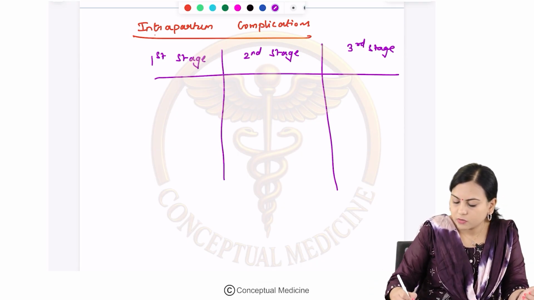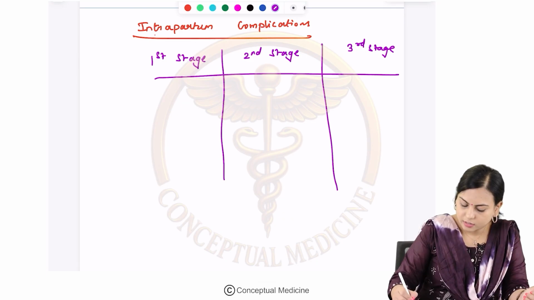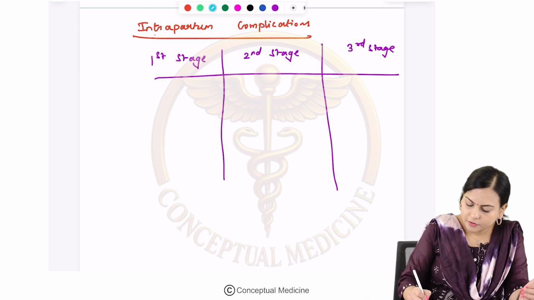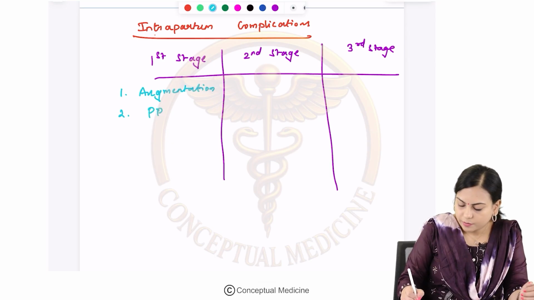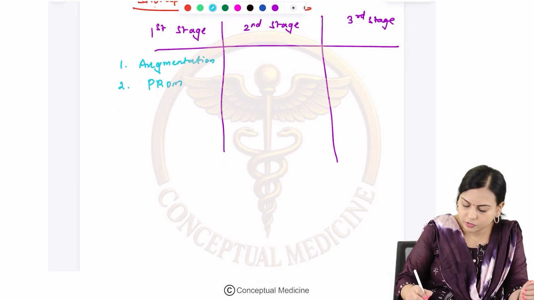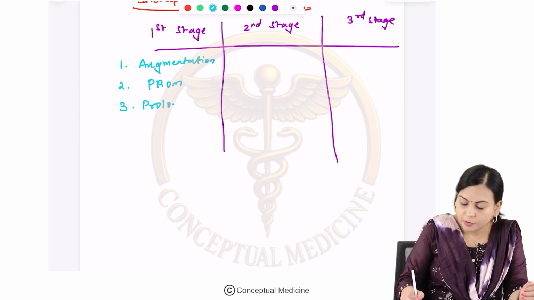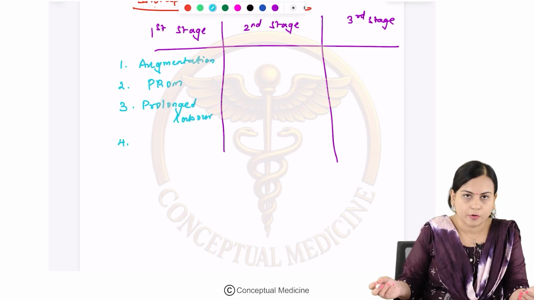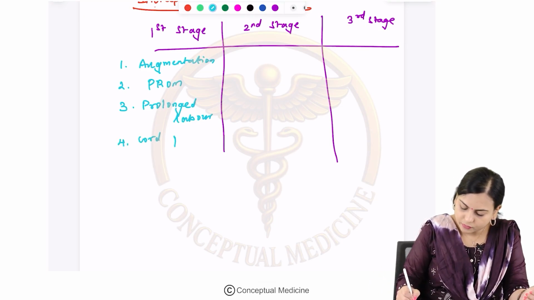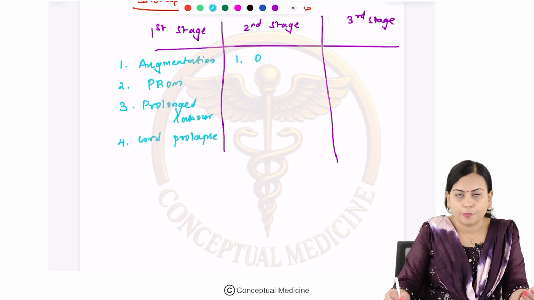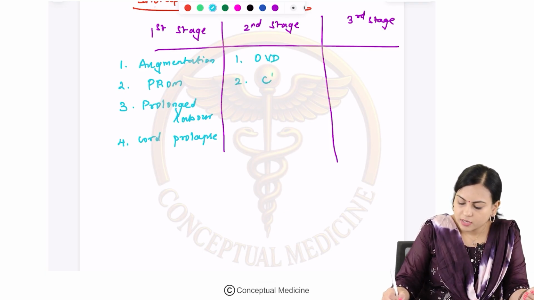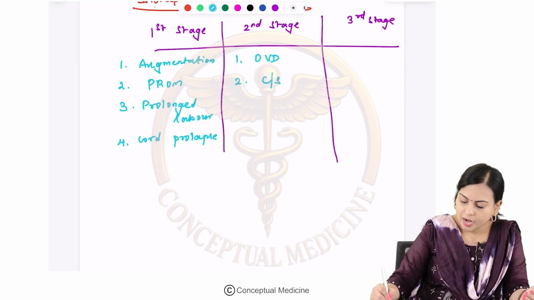In the first stage, there can be a need for augmentation of labor, or PROM, premature rupture of the membranes. There can be prolonged labor, and chances of cord prolapse also. And in the second stage, there can be need for operative vaginal delivery or cesarean section.